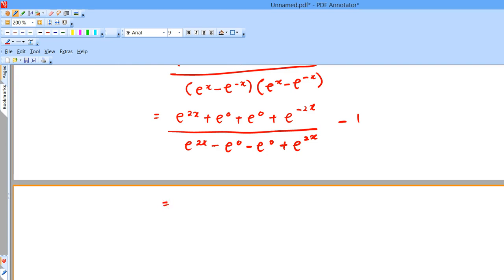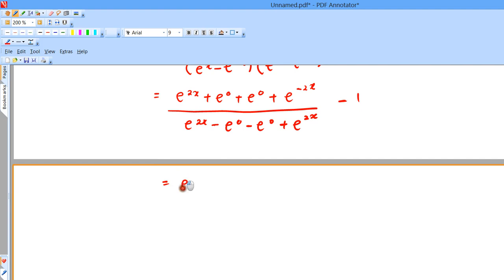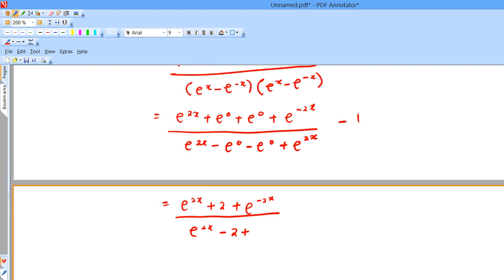You can simplify this equal to e power of 2x plus 2 plus e power of negative 2x divided by denominator e power of 2x minus 2 plus e power of negative 2x, and then minus 1.